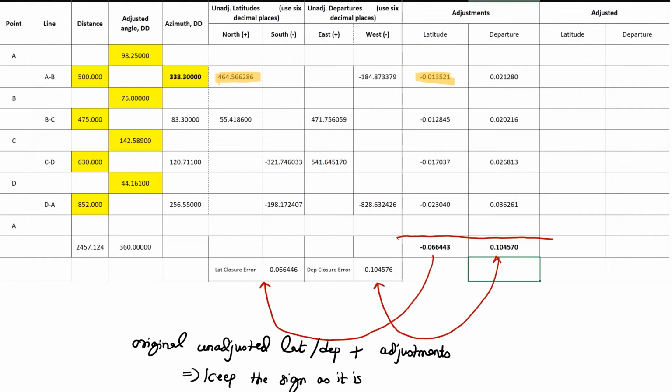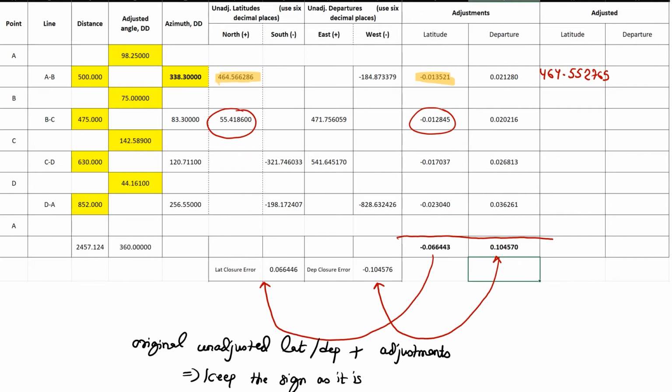So 464.566286 minus 0.013521. If we do this, then we get 464.552765. Now again, take this and subtract this. So 55.418600 minus 0.012845.